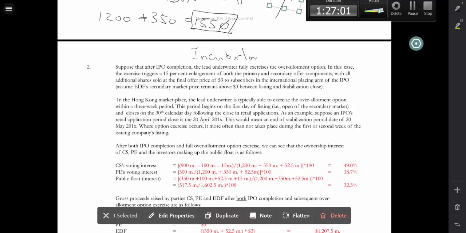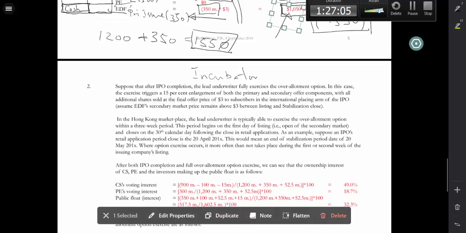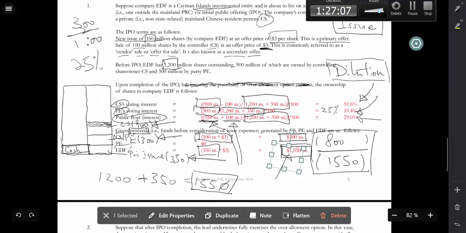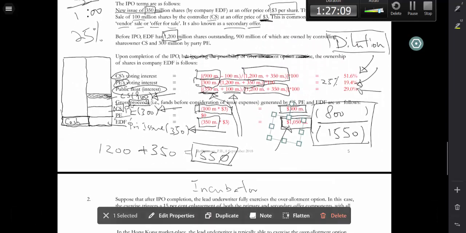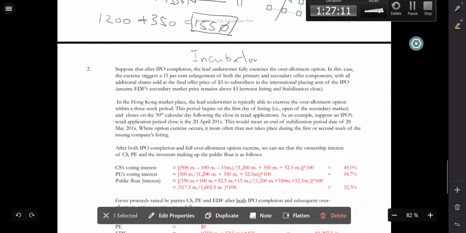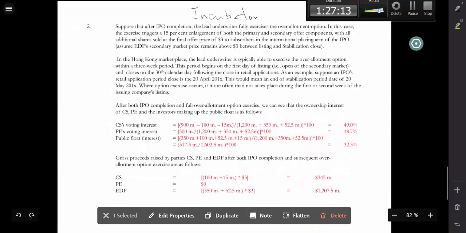Okay, so in this case, what they've done is they issued some new shares for the IPO, which is 350 million new shares, but there's also a 15% over allocation, which is 52.5.